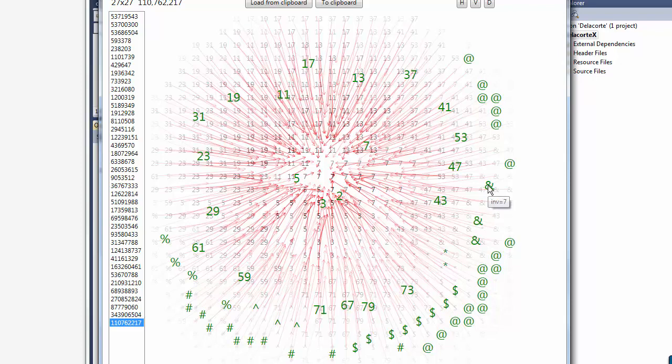But still overall, these guys tend to be closer to the 7 than the other primes. Then got a factor of 8 there.